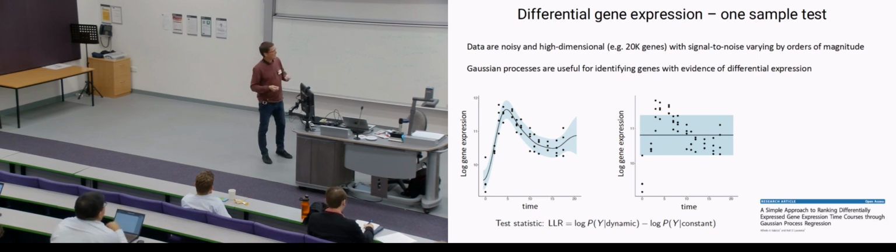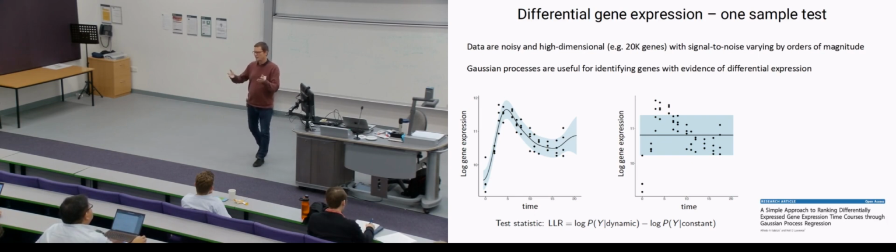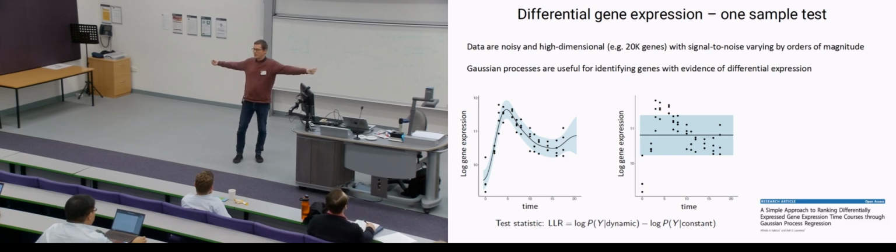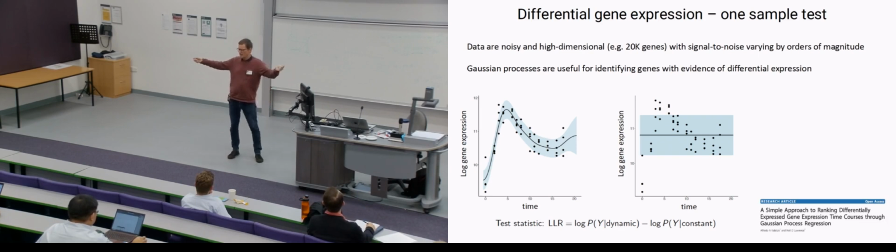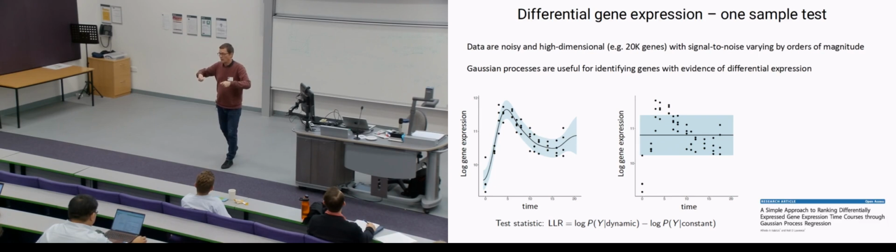So it'd have those three parameters. On the right-hand side, the constant model would have the same number of parameters, except it wouldn't have a length scale. And actually, the constant model is just the dynamic model in the limit where the length scale goes to infinity, so it's nested: the constant model is a special case of the dynamic model.